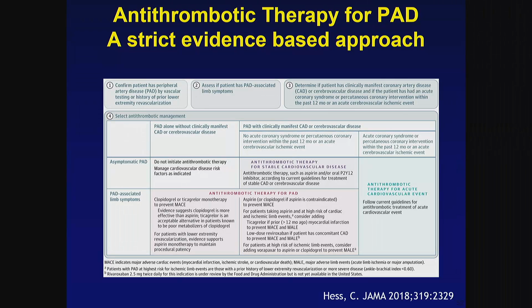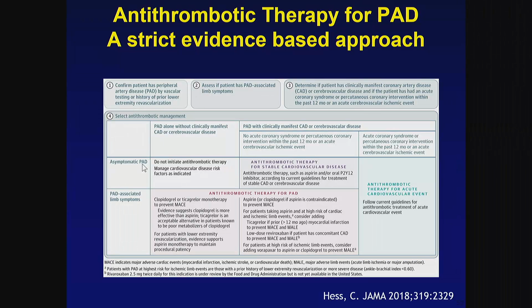Now, this is a strictly evidence-based approach and not necessarily reflected in the current guidelines, but it's rational to approach patients with peripheral artery disease and divide them into either asymptomatic or symptomatic peripheral artery disease, and at the same time categorize them based on the presence or absence of cardiac or cerebrovascular disease.